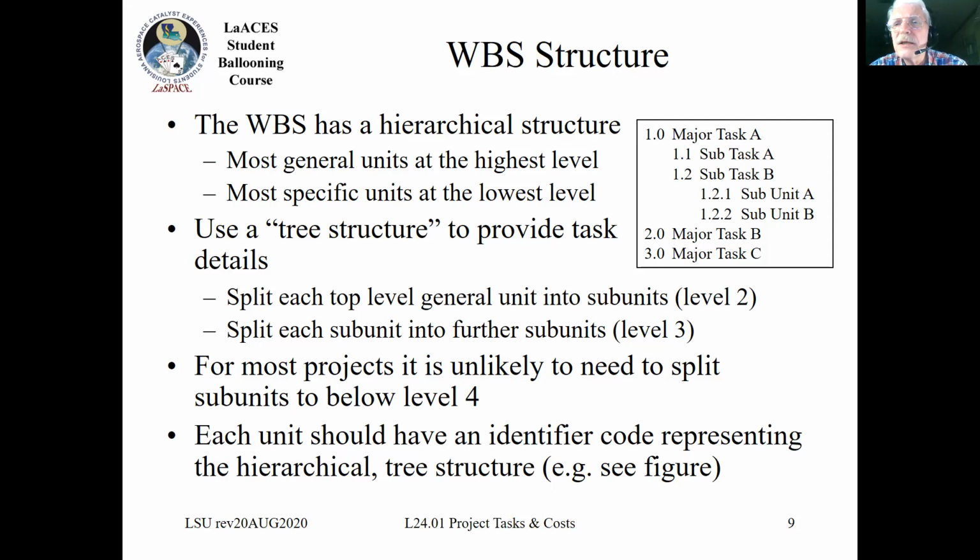Underneath major task A, I've got 1.1 subtask A, 1.2 subtask B. And underneath subtask B, I've got 1.2.1 subunit A and 1.2.2 subunit B. So that's hierarchical. You keep on splitting your tasks up into lower levels.